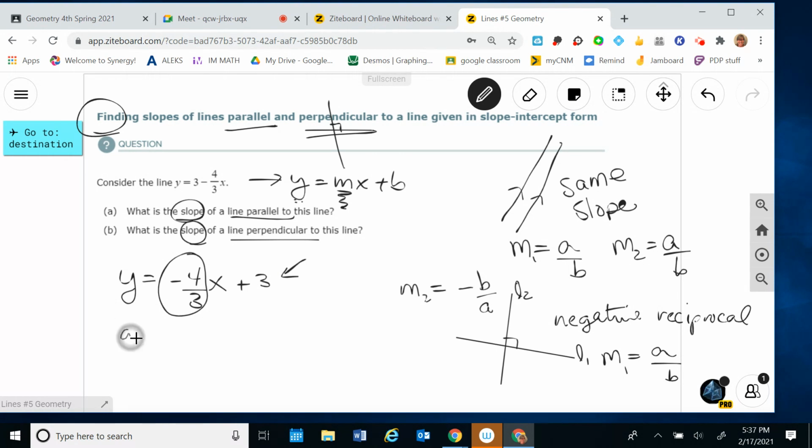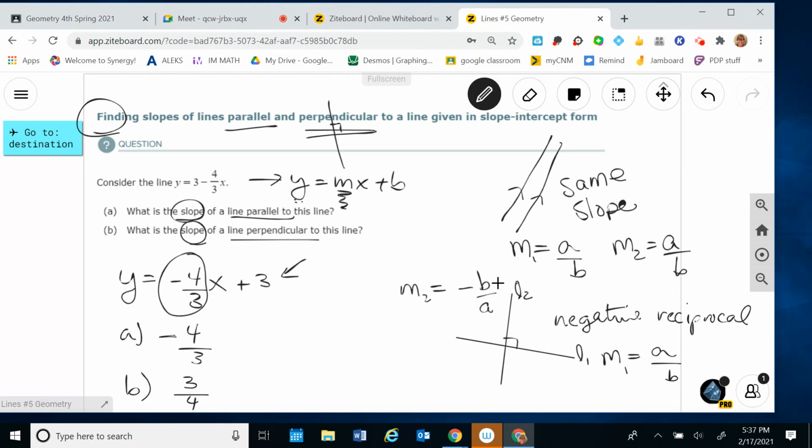What is the slope of the line parallel? Negative 4/3. It's got the same slope. What is the slope of the line perpendicular? Flip this and take the opposite sign. Negative means opposite, so instead of being negative, it's going to be positive. We don't usually put the positive, but we could.